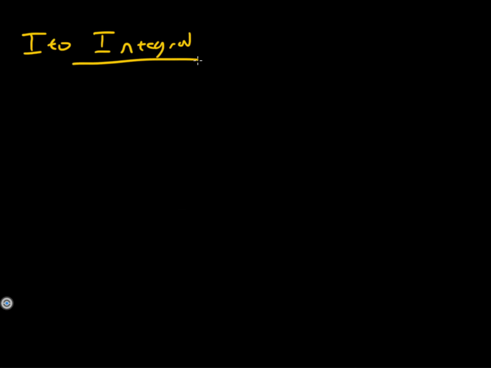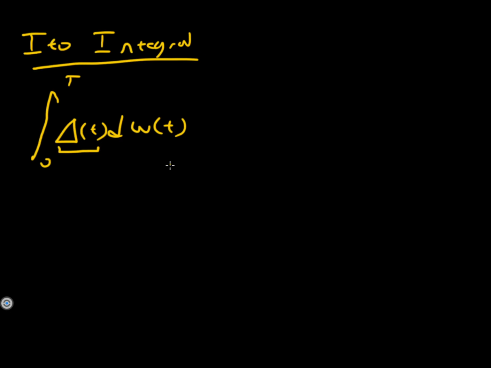Therefore, we can't simply integrate a simple process with respect to the Brownian motion in the means of a Lebesgue integral. So I'll start with the Ito integral where we have a simple process, a simple process being a step function.